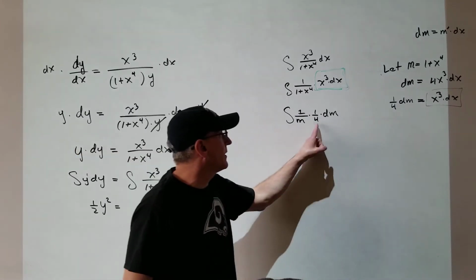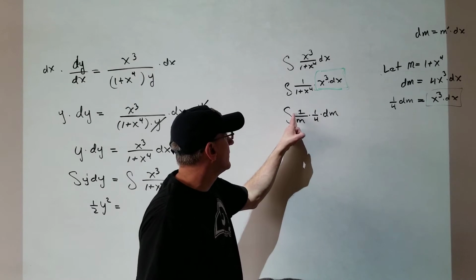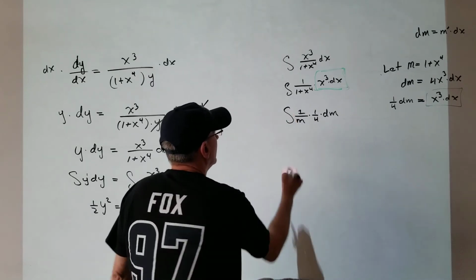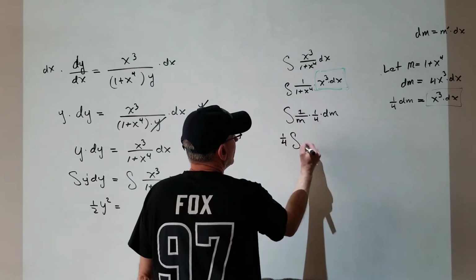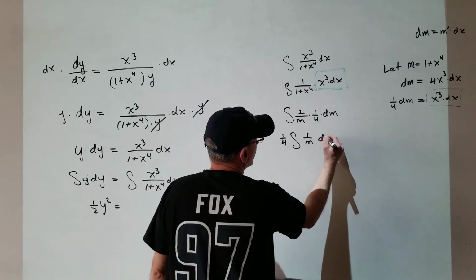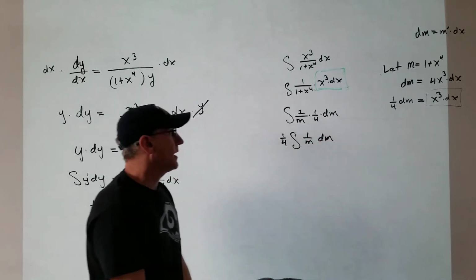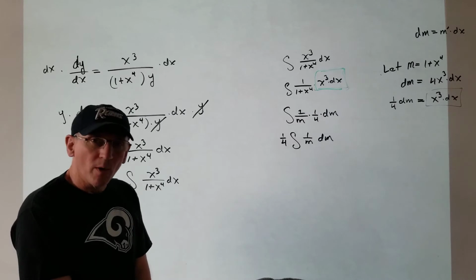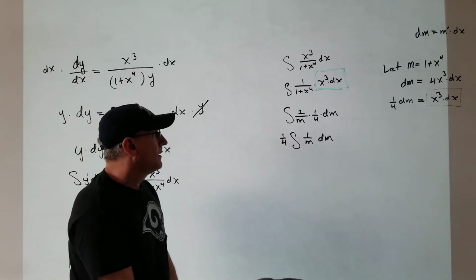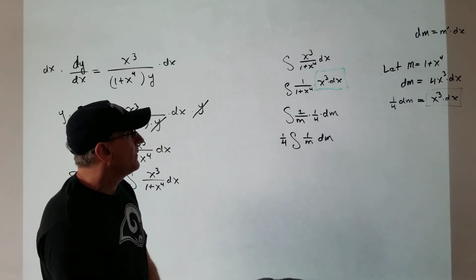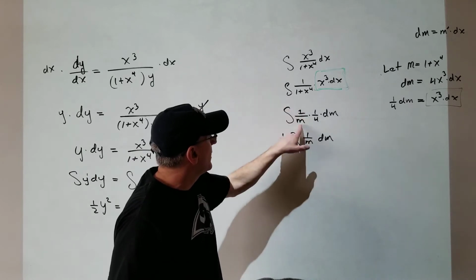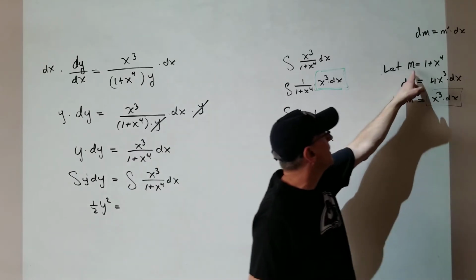Actually, the 1/4 can go here, or even outside of the antiderivative. Some people are more comfortable if you write it like this. Okay, so what's the antiderivative of 1 over m? And if you didn't notice, the replacement that I did here was based upon this definition right here.